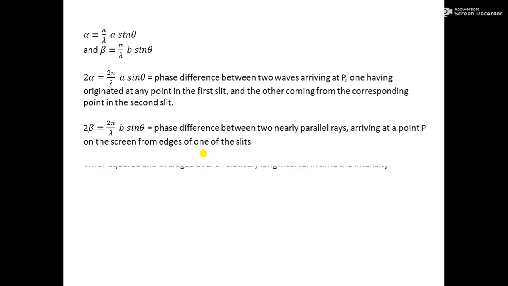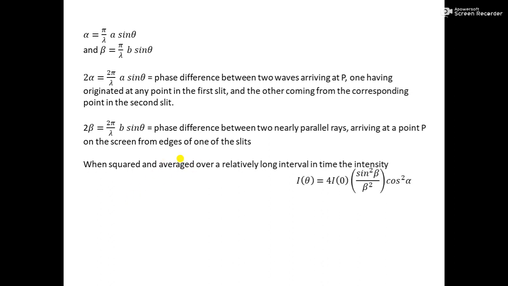And when averaged over a relatively long interval in time, the intensity term takes the form I of theta equals 4 I naught sin squared beta by beta squared cos squared alpha, and we can write this as 4 I of 0 sin squared beta by beta squared cos squared alpha.